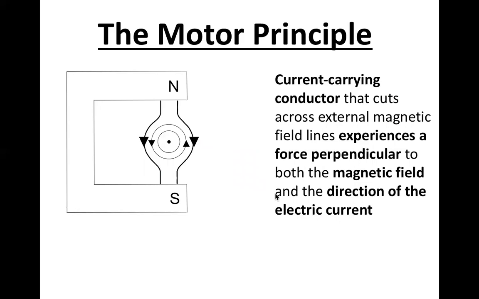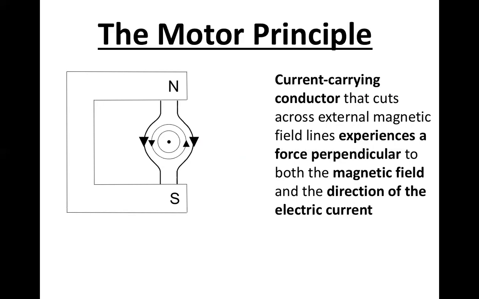So first of all, perpendicular to both, we've got three things: the force, the magnetic field lines, and the current.